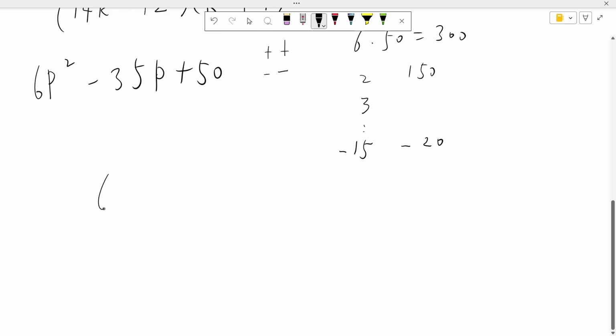So we rewrite the trinomial in the same way, and it does not matter which one I write first. It could be negative 15p or negative 20p. The way I'm doing it, it doesn't matter. And just a reminder that this first term and the constant term will not change when you do the rewrite.